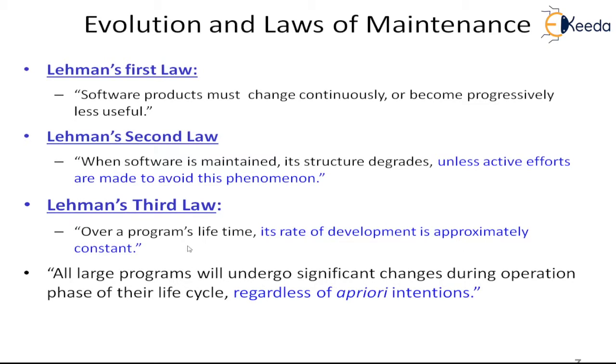The third law says over a program's life, its rate of development is approximately constant. What it means is that if it lives for 10 years or 15 years, every year it will undergo a development, and the effort per year will be almost constant, because initially there will be more bug fixes of the corrective type, then slowly the adaptive and the perfective ones will take over.